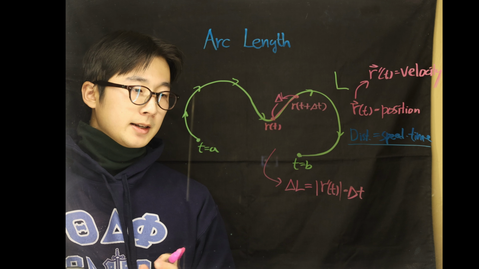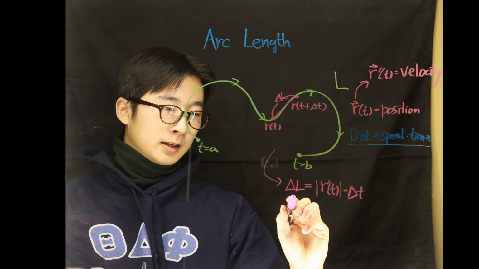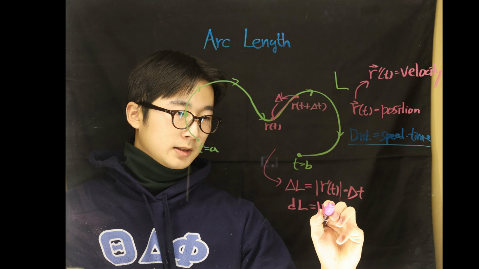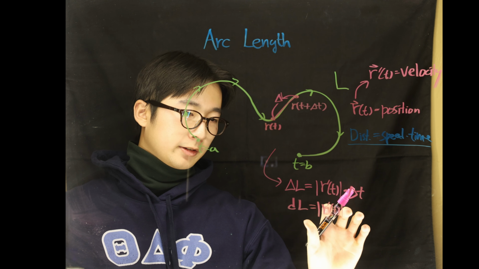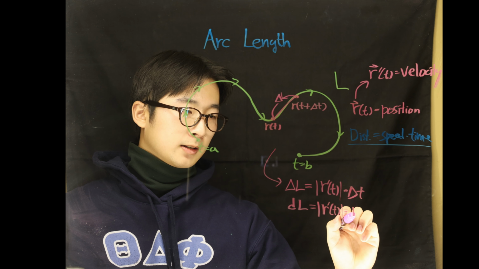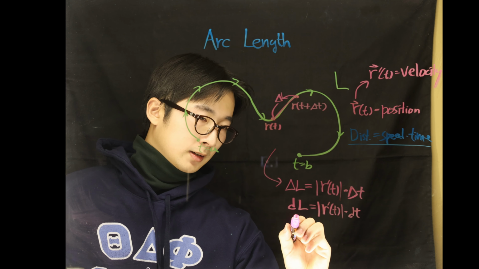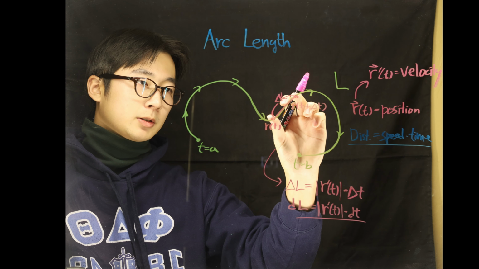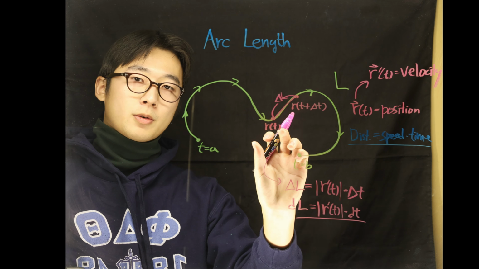And using limits, we can rewrite it as dL is equal to the same magnitude of the velocity vector times dt. All right, we just found the small distance between 2 points.